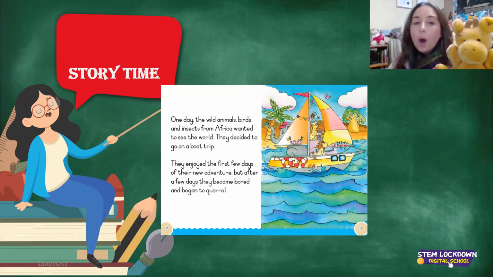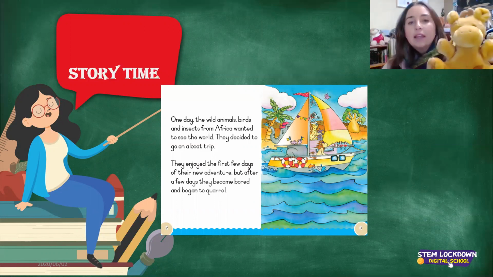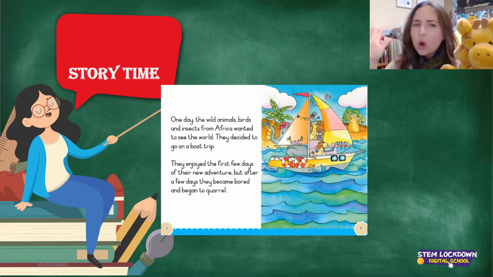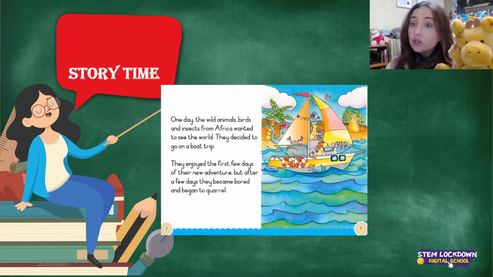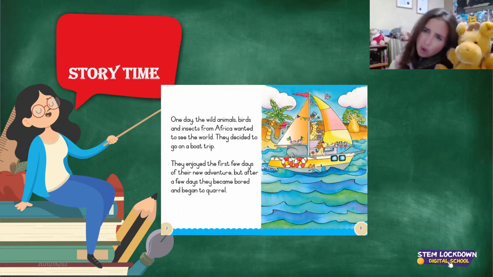Great. One day, the wild animals, like Gary, birds and insects from Africa, that's where we are, wanted to see the world. They decided to go on a boat trip. They enjoyed the first few days of their new adventure, but after a few days, they became bored.